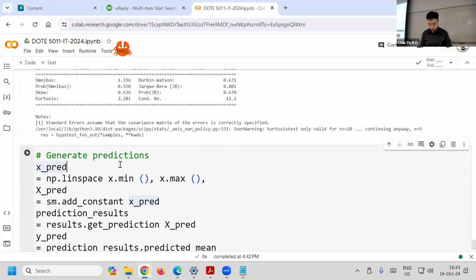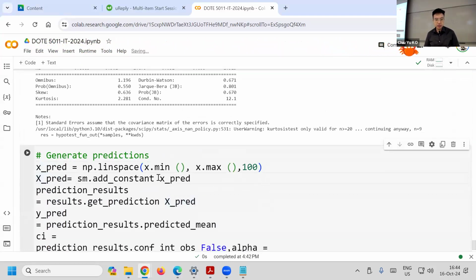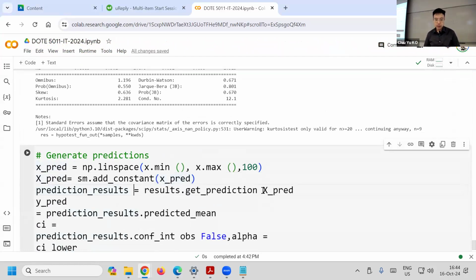Okay. So I have a new function called linspace. Okay. It creates a list of numbers that start from the smallest number and go to the biggest number, right? And I do 100 data points there. Okay. And that is the first line.